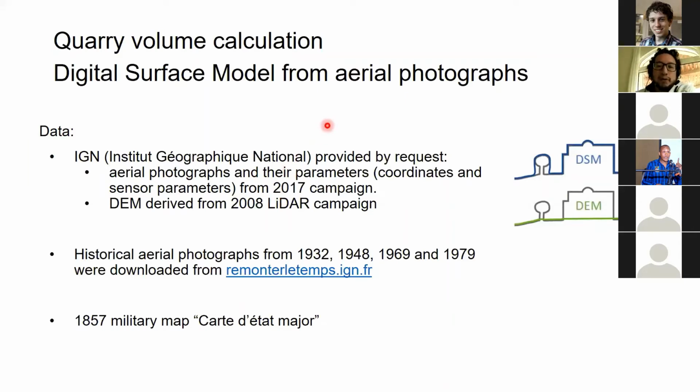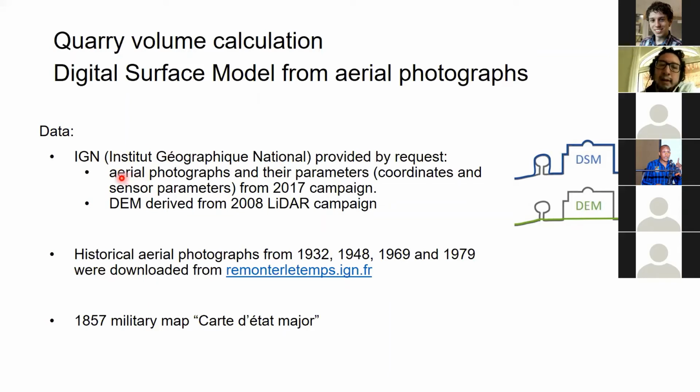So the goal here is to estimate how much mass, or first, how much volume has been extracted, removed from these quarries, as far as we can go in the past, in history. The data Jérémy was able to use was data that he requested from IGN, the Institut Géographique National.